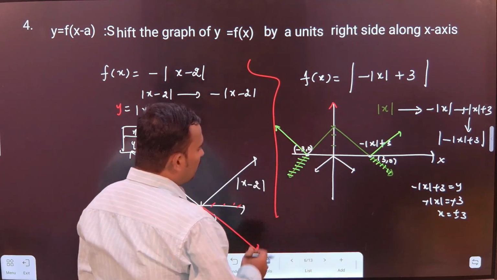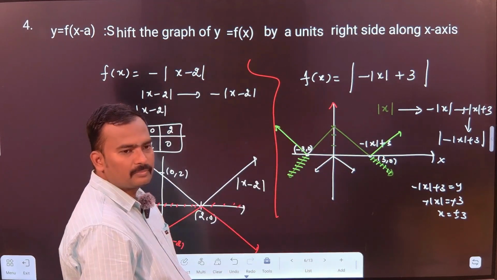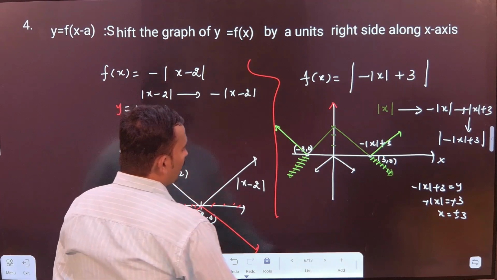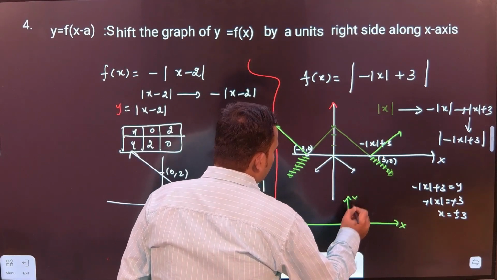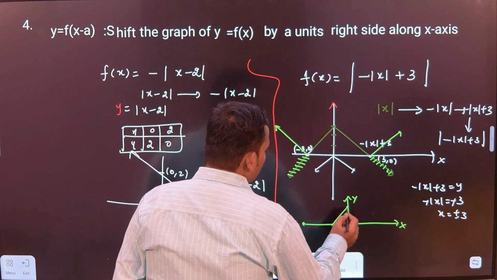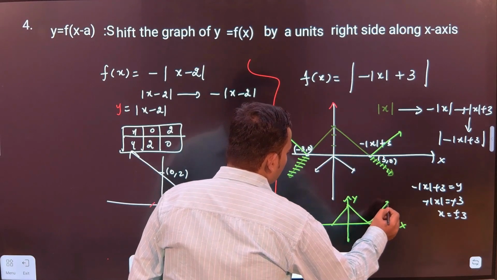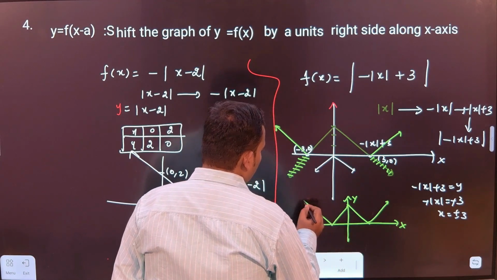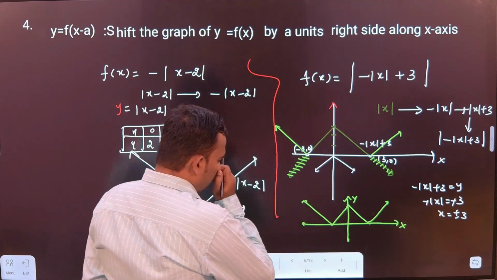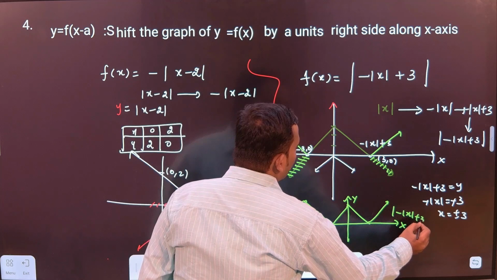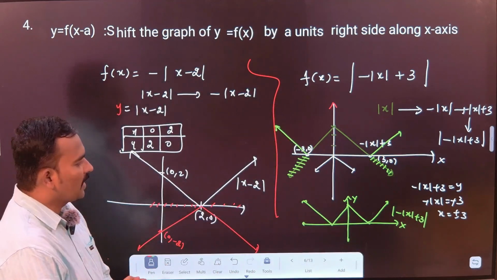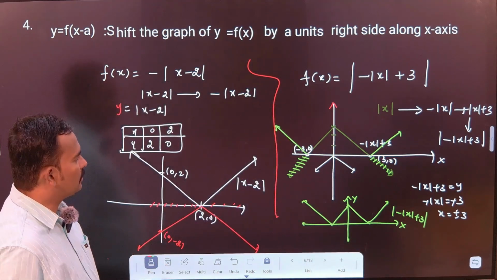When you take the modulus, this is your graph. Understand? The graph will be like this. This is the x axis, this is the y axis. This is the graph of mod of minus mod x plus 3. Clear? Okay, let's go for the next question.